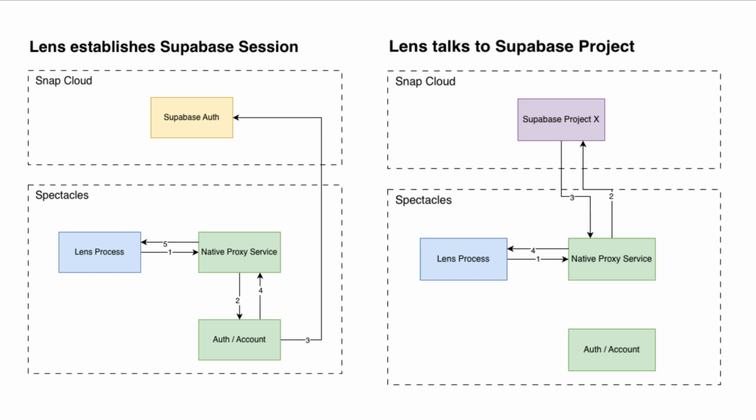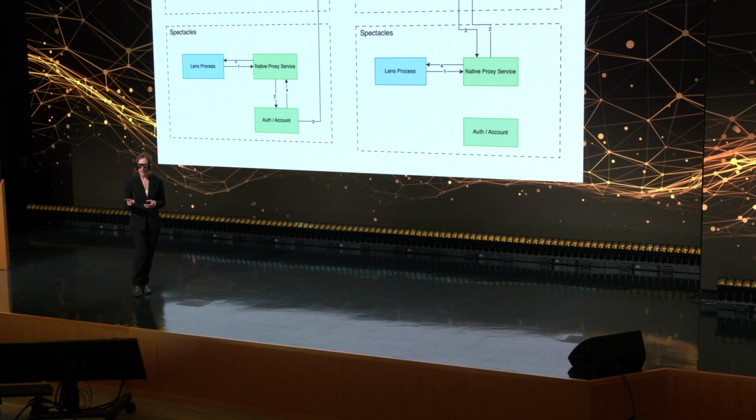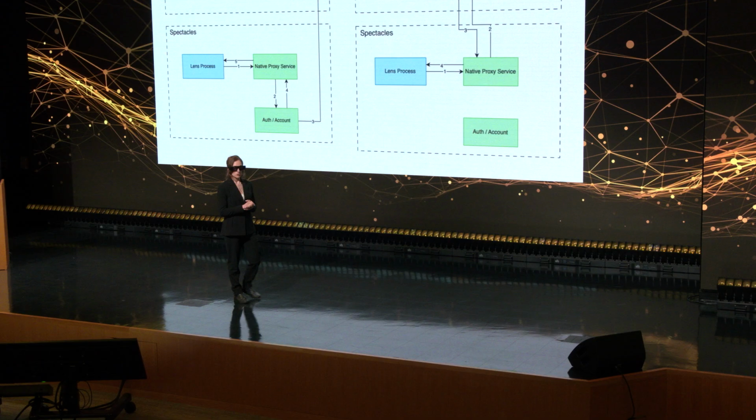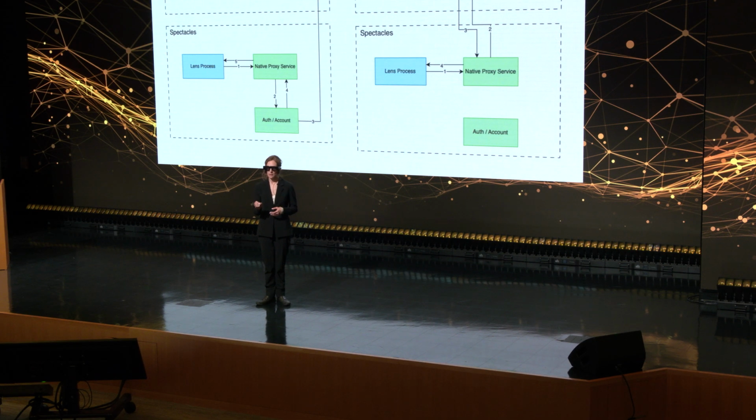The platform then issues a scoped OIDC identity token for the authenticated Snapchat user and the specific Supabase project. The lens exchanges this token for a Supabase session in a single API call. There is no OAuth redirect flow, no token management, and no login UI to build.